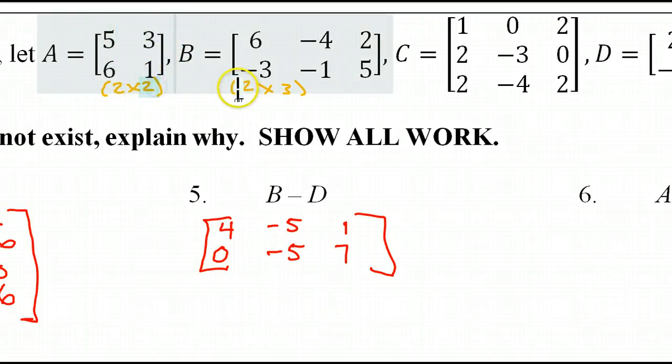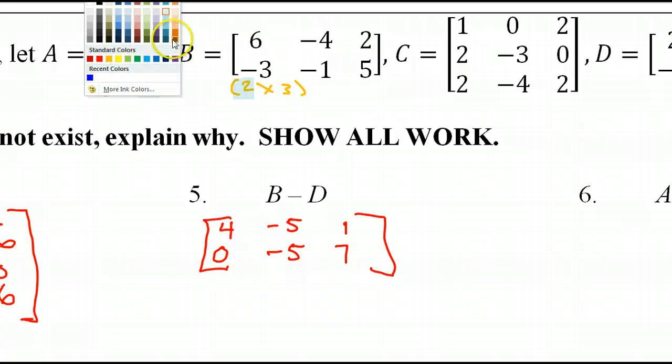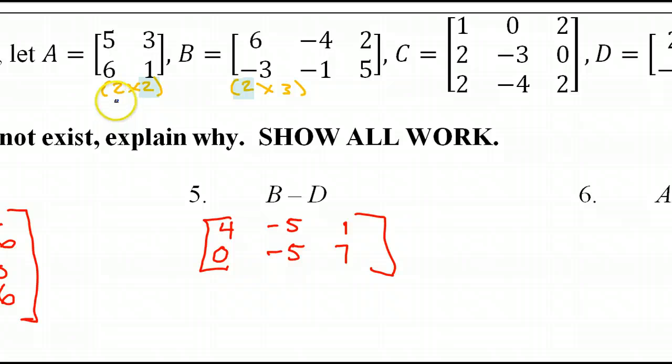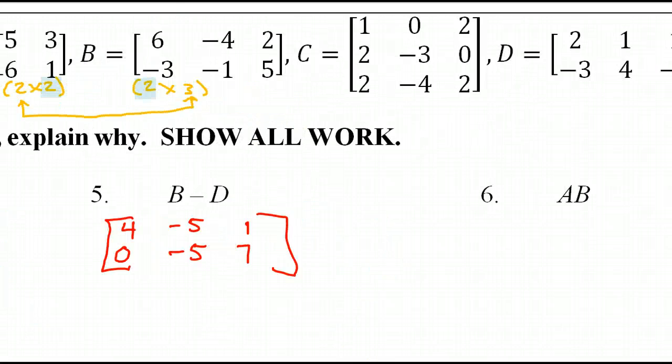Okay, so we have 2 and 2, so it is possible. And it's good to note also, once you decide that it's possible, your answer is going to have the shape of the outer dimensions. So the product should be a 2 by 3 matrix in the end.